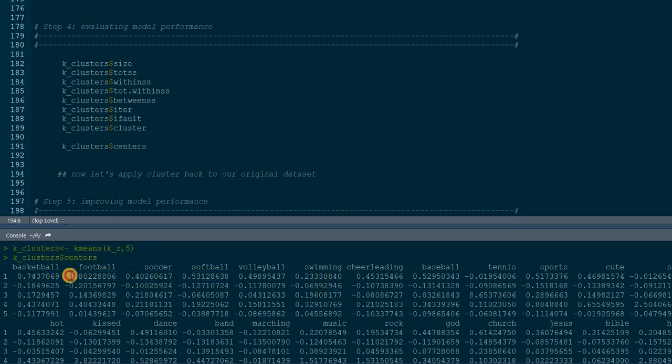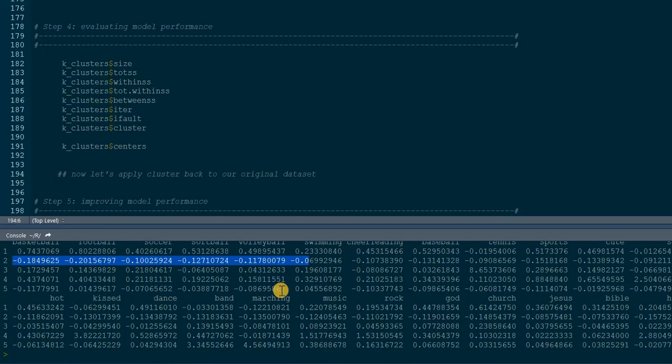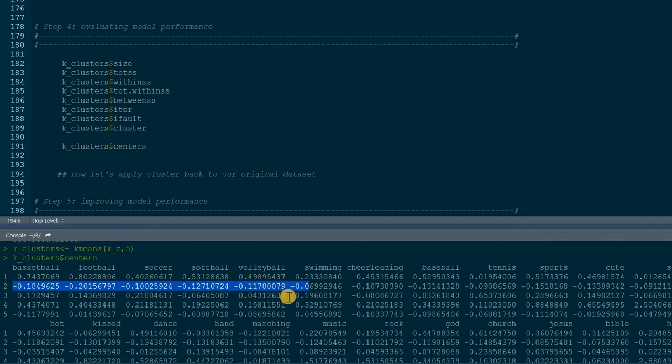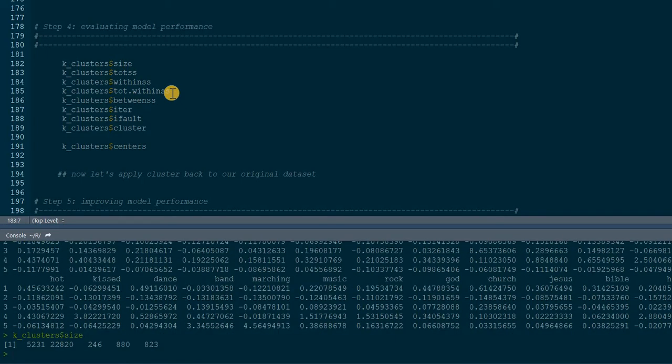On average, this is a very high cluster, whereas number 2 is slightly negative. Another way to see the size of each cluster is to look at how many observations are used for each.